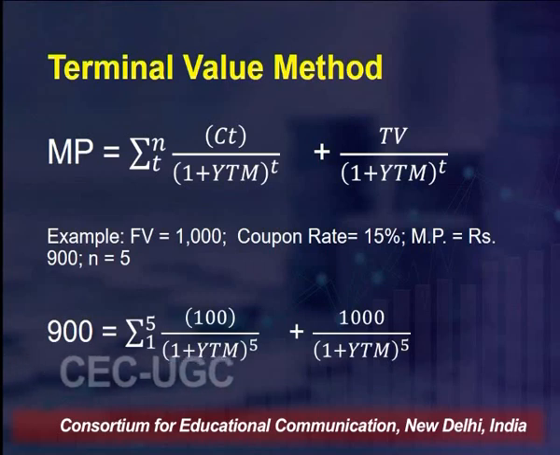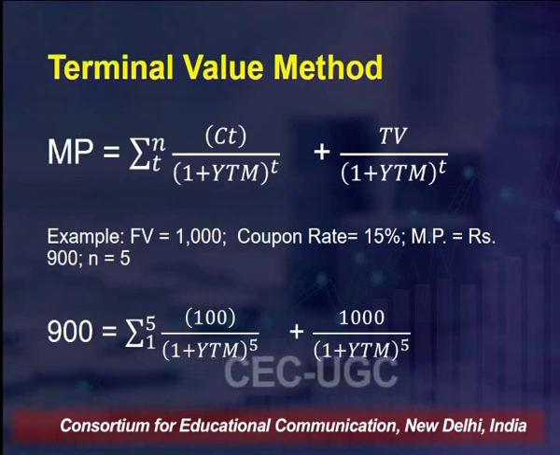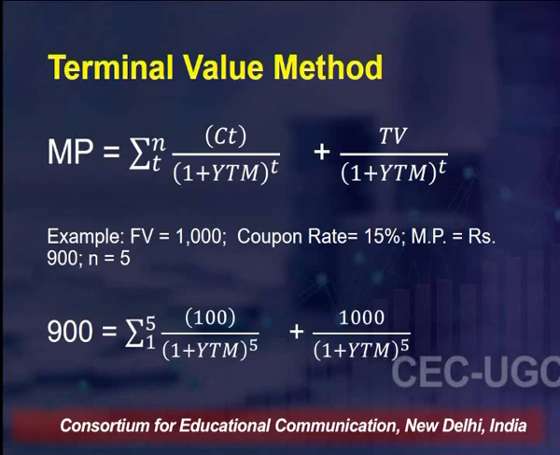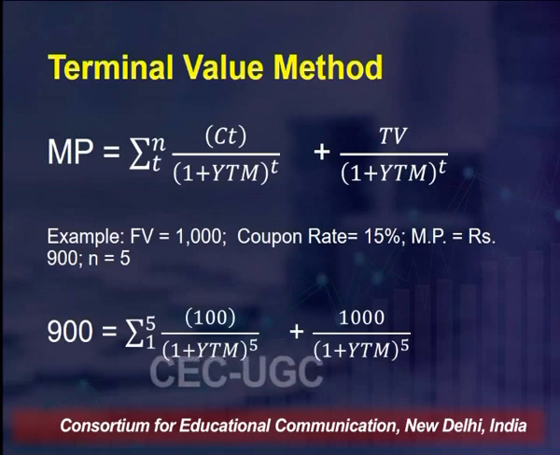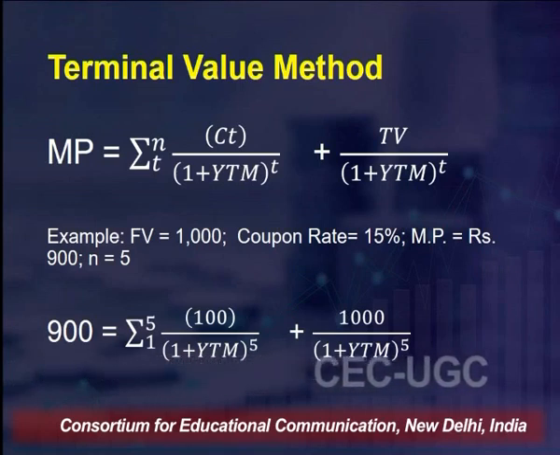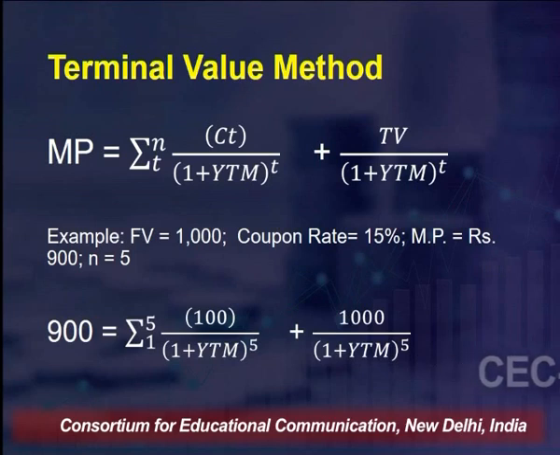Now, let us understand this with the help of an example. Suppose the face value of a bond is 1000, so this becomes our terminal value which we are going to get. The second is the coupon rate, say 15%. The market price currently is 900 and N is say 5.